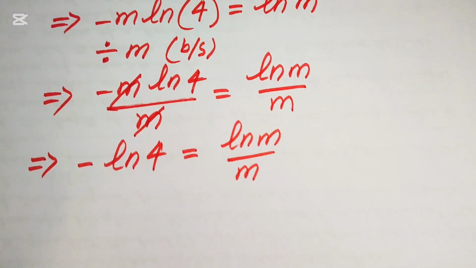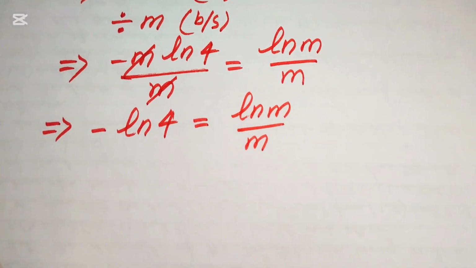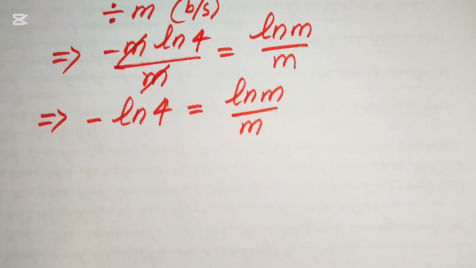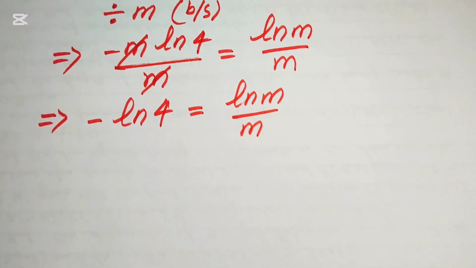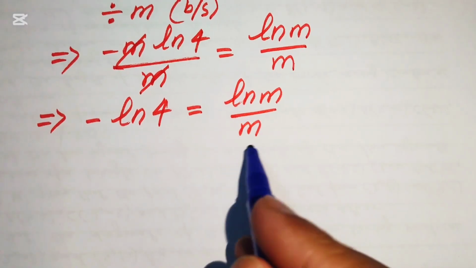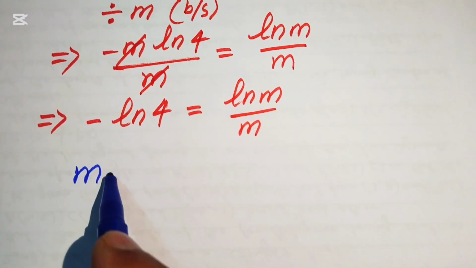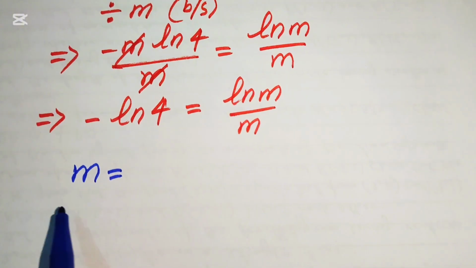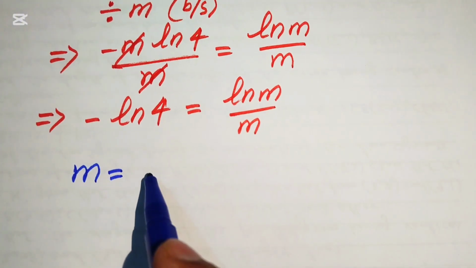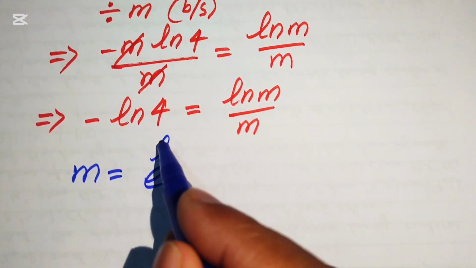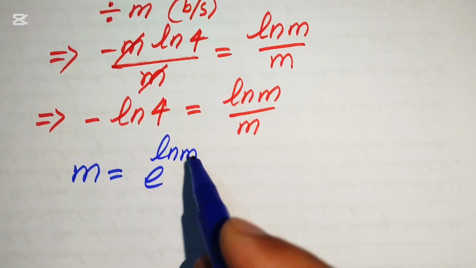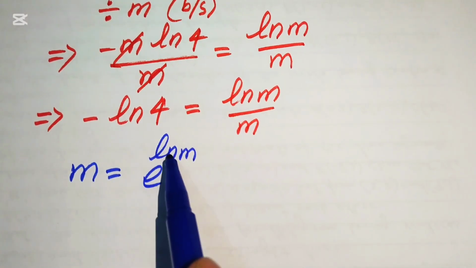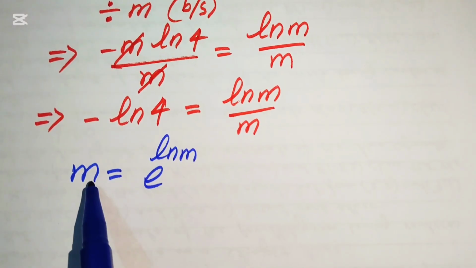Here we use the nice property of log. If you focus on this m, we can write this m as e to the power of log m, because taking log and anti-log at the same time means that this e and log cancel each other, and we again get m.